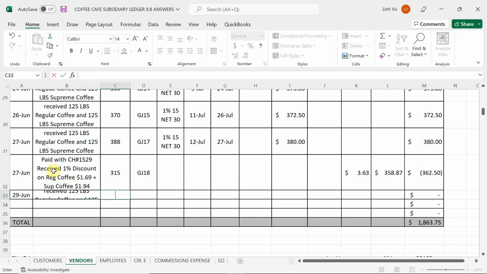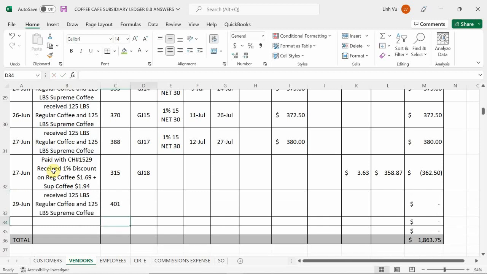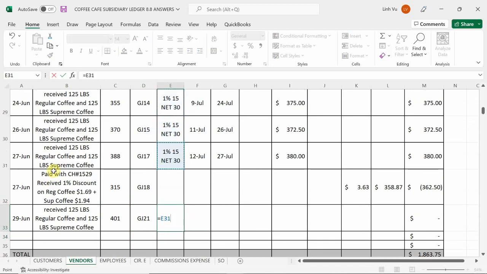Invoice number 401, General Journal 21. We got the same terms, so that means in 15 days from now, the 14th of July, you can receive a discount.